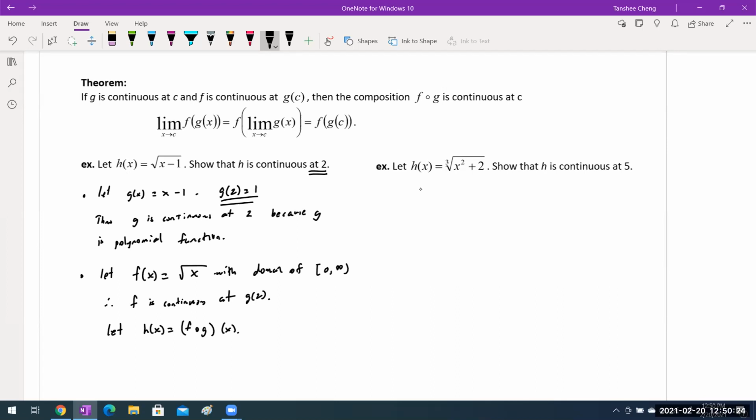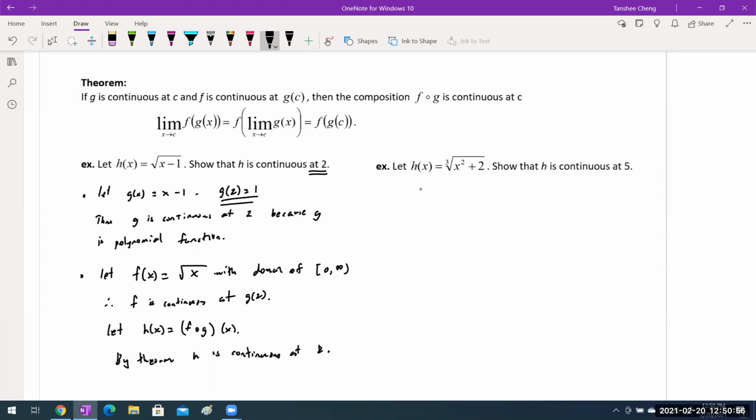So when I say that h is f composed of g, then by theorems, h is also continuous at 2, right? It's basically rewriting it. So similar things, you can rewrite it. All of them is right here. Okay.